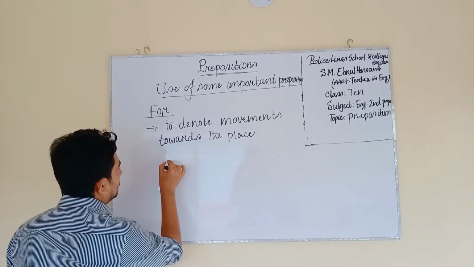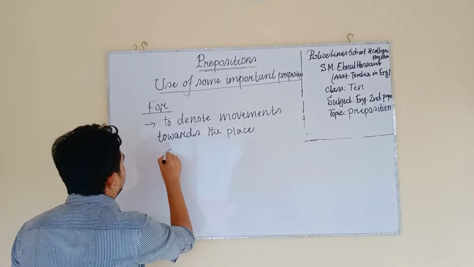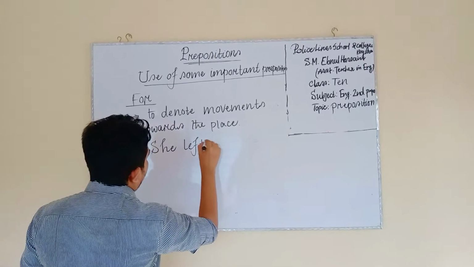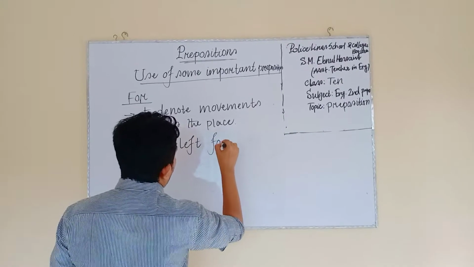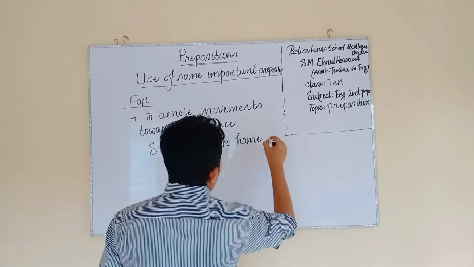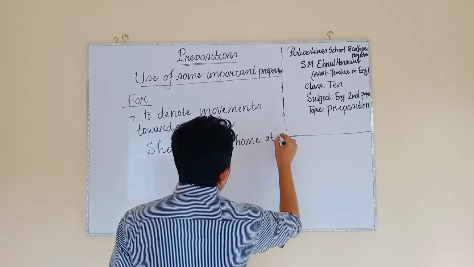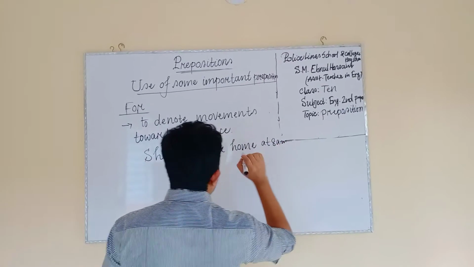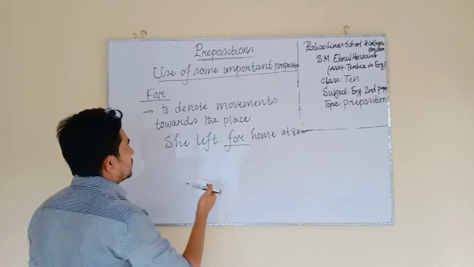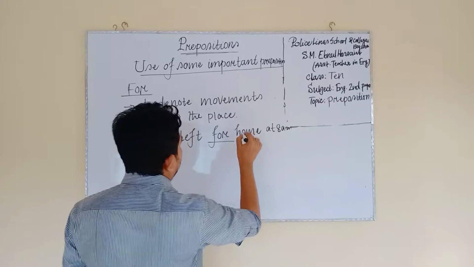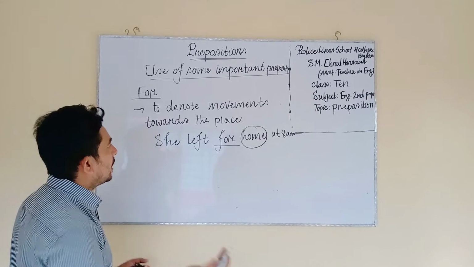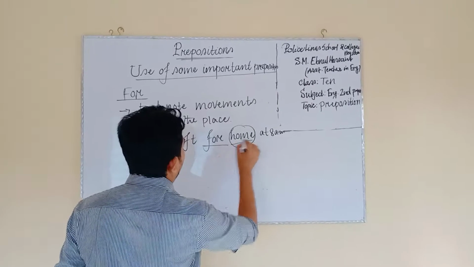Let's have an example. She left for home at 8 a.m. Here for is used before the place, home, and it denotes movement towards a particular place, that is, home.